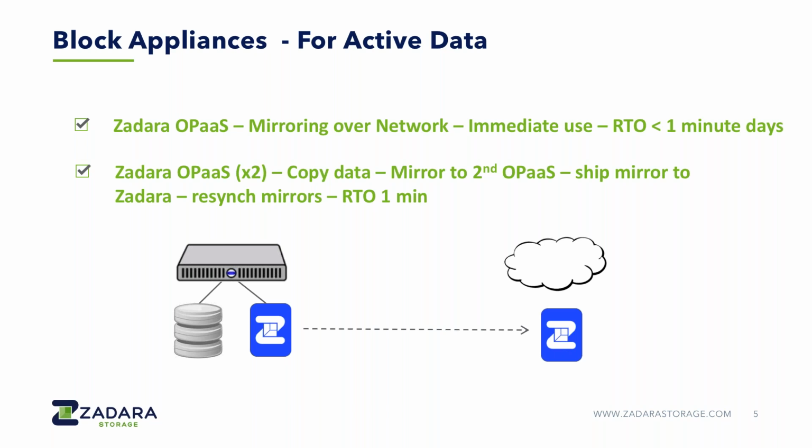Then we ship OPS 2 to your other site or into our data centers in AWS, for example, and then reconnect the mirrors, and the data is resynchronized across the two. That gives you a very good way to move petabytes of data without going over the network.